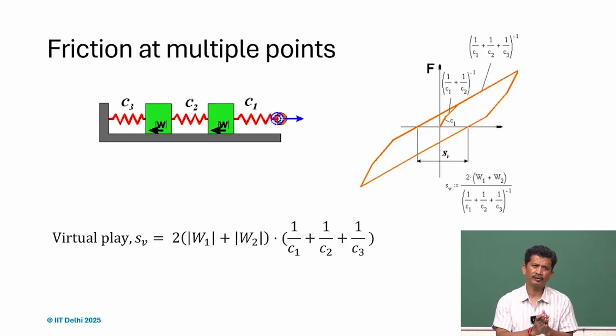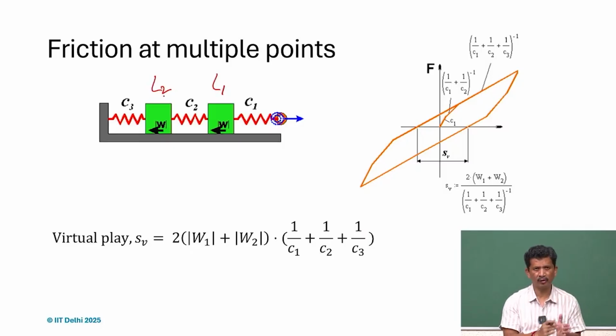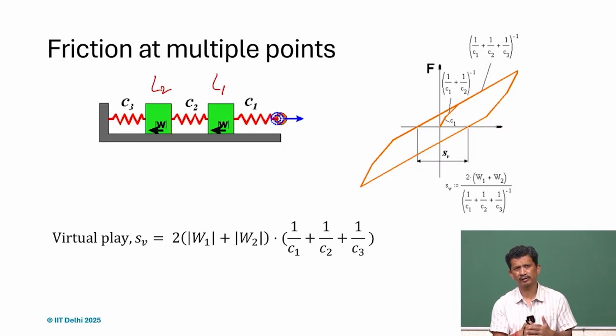So what happens if there are many components? It can be just C1, C2, C3 as springs, but they also represent links with the stiffness C1, C2 and C3, and we can call these L1 and L2. They are different bodies which have a physical contact or sliding friction with the frame.